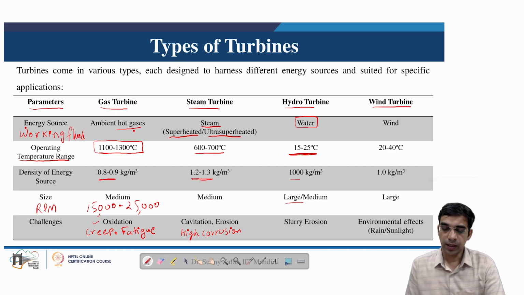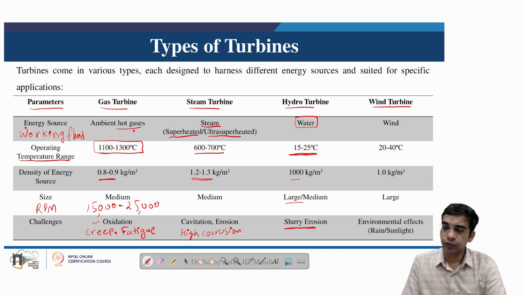These turbines also experience several challenges. Oxidation is absent here, but they experience cavitation and slurry erosion. Slurry erosion is a very pertinent challenge in hydro turbines because of the high sediment load in the rivers, especially during the rainy season. So we have to look at materials for the turbine which can overcome these specific challenges, so that the turbine may function properly.